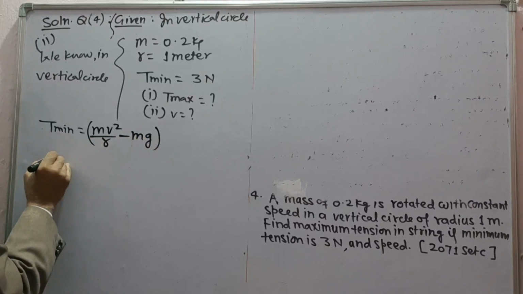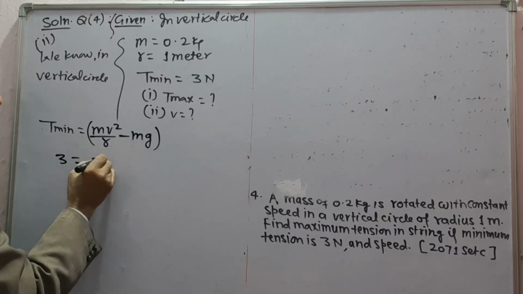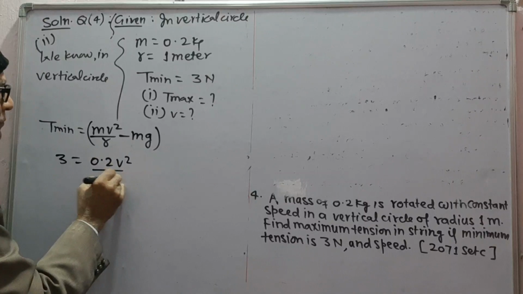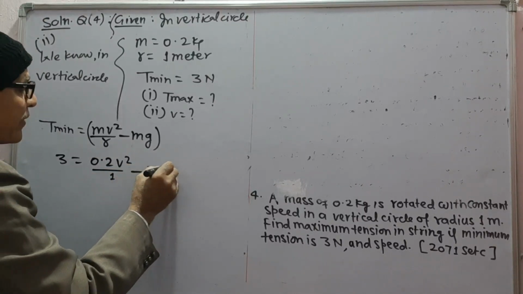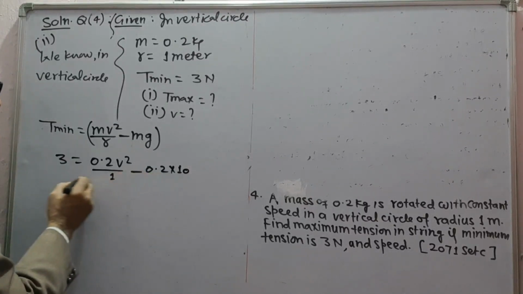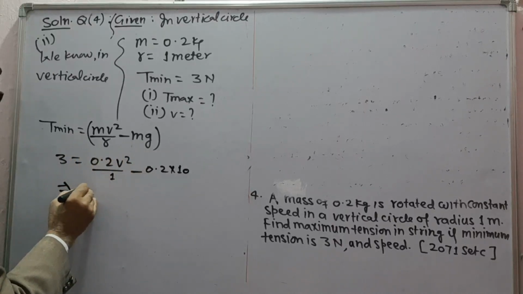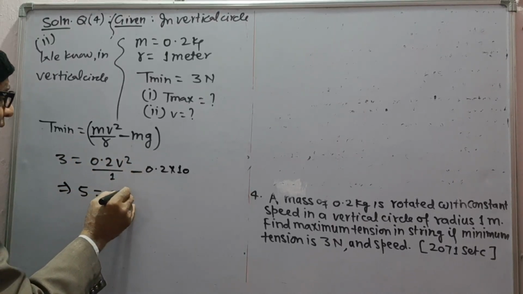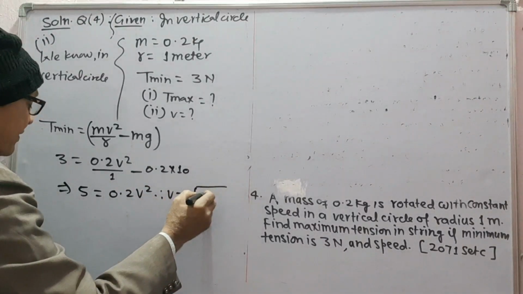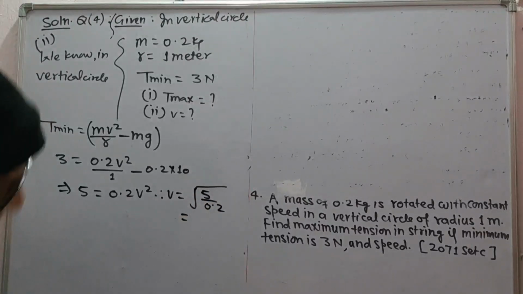So 3 will be equal to 0.5 into v square upon 1 minus 0.2 into 10, which gives 2 plus 3 means 5 is equal to 0.2 v square. Therefore, v will be equal to 5 upon 0.2, that is 5 meter per second.